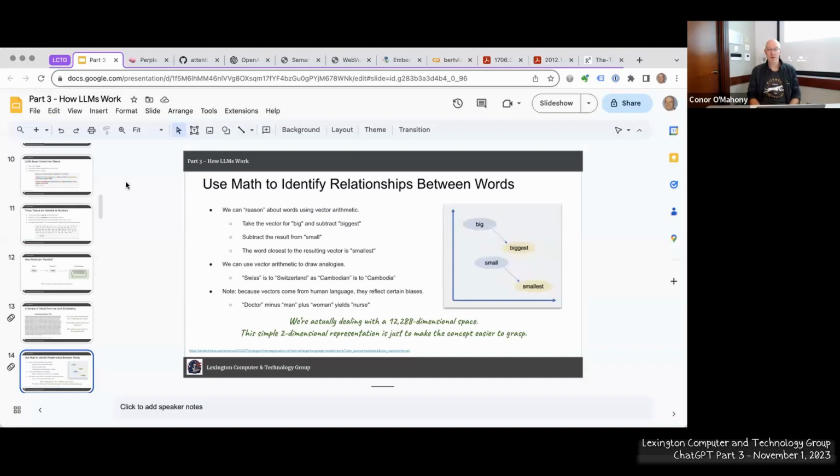Over the course of training, these numbers get tuned into their final state. We're using neural networks. We're using content where we know what word comes next, but we're continually feeding this through and masking out what comes next to see what the system would predict.